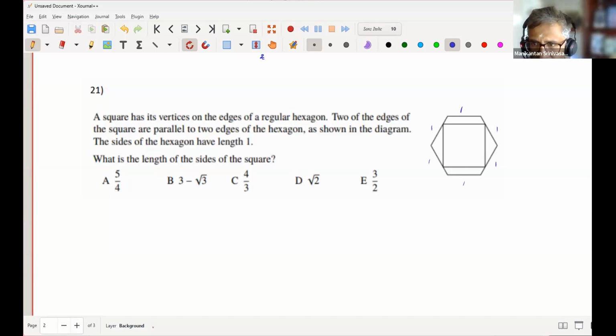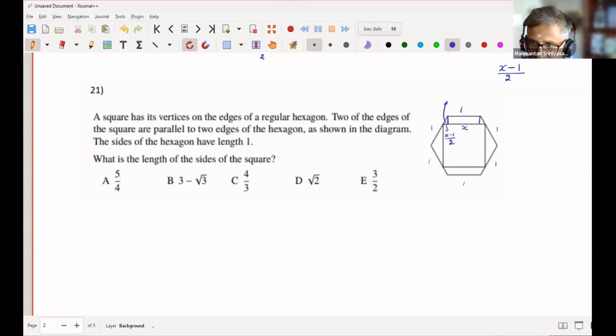So let's call the length of the square x. Let's put this small portion here. In this small triangle, x minus 1 is the difference, but that's hanging on both sides equally. So this small portion is (x minus 1) by 2. Do you agree?